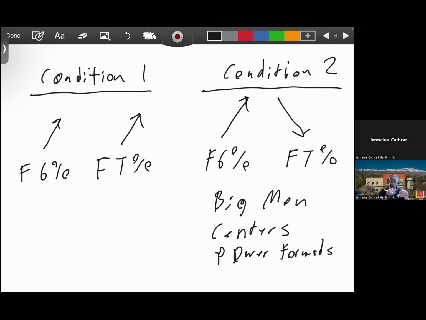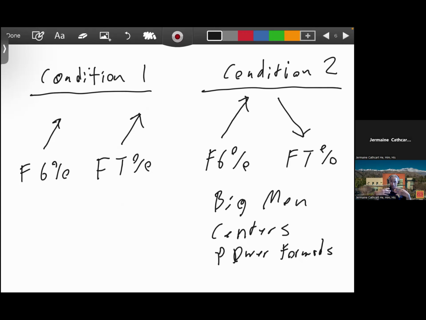So you have to have a certain level of skill to knock down both field goals, 3-pointers, and free throws, right? So that's why you typically tend to see the positive relationship for point guards, shooting guards, and wing players, and then a negative or inverse relationship for centers and power forwards.